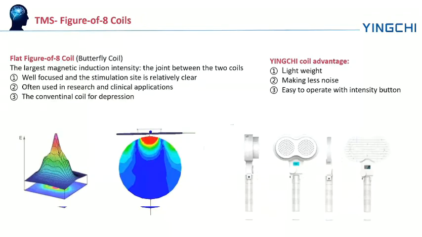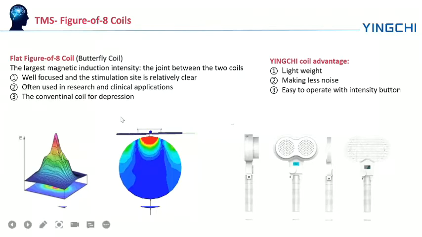So here come the two important coils. First is the flat figure-of-8 coil, and then the angulated figure-of-8 coil, which you can also call a double cone coil. Both are double coils. The flat figure-of-8 coil has been used a lot, and it is well focused, and the stimulation site is relatively clear, as you can see here compared to the picture of the flat circular coil.